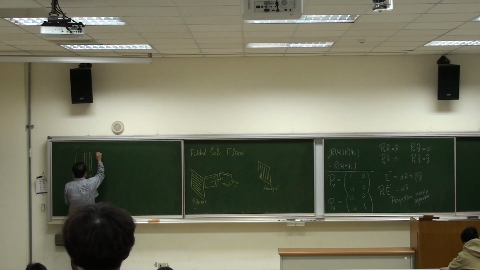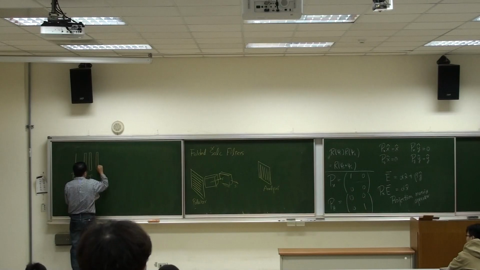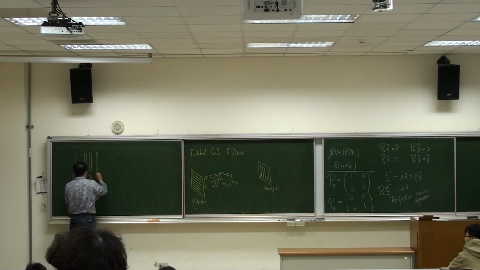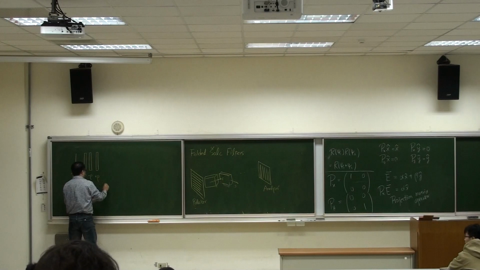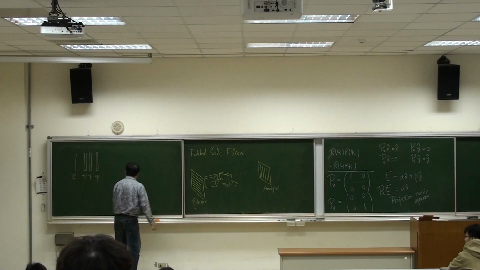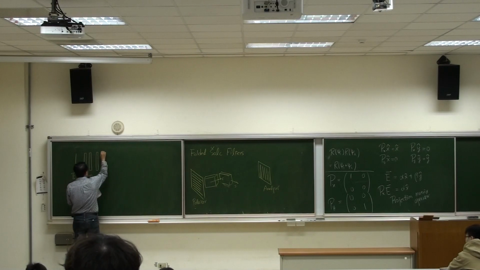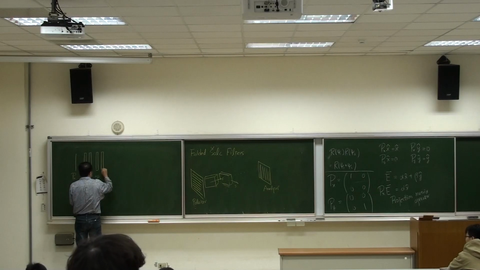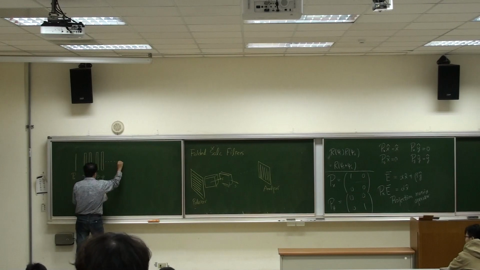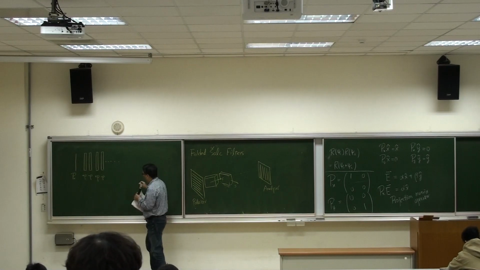And the third one has the orientation along positive rho again. And the fourth one, minus rho. And repeat this arrangement.